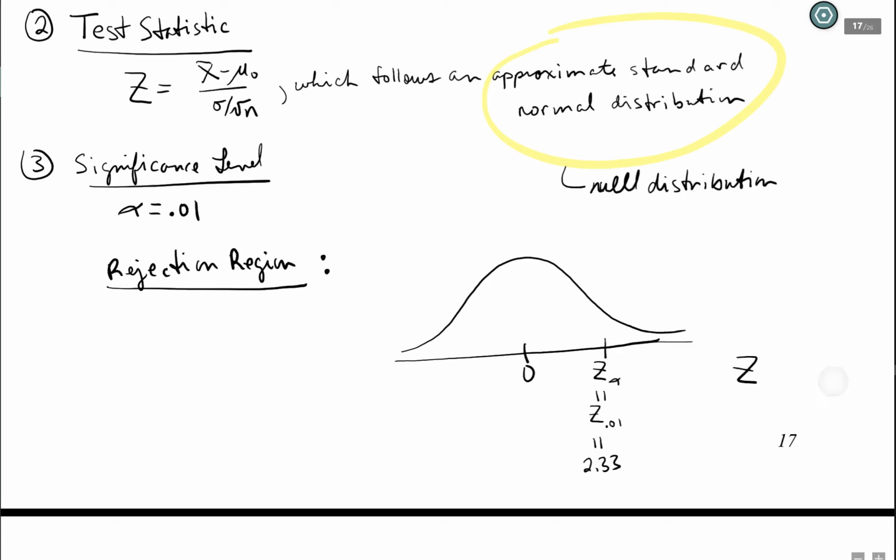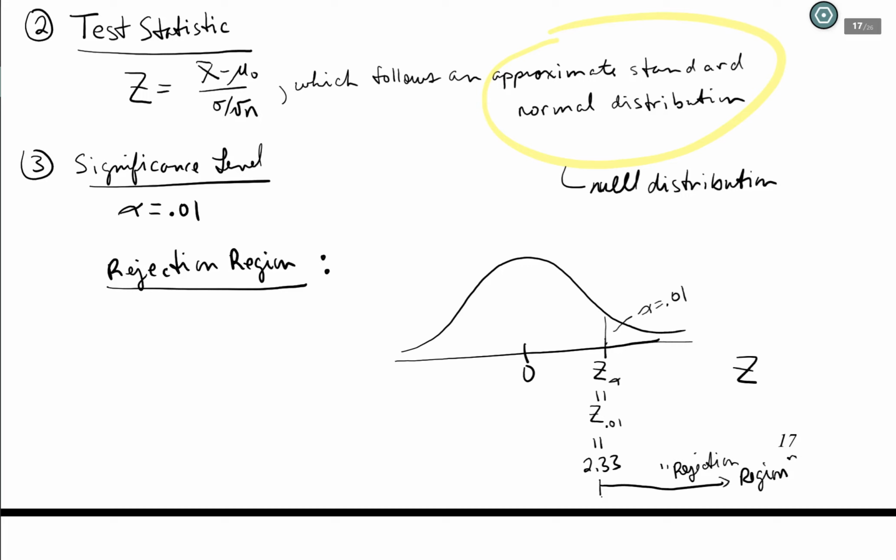Now, this Z sub alpha is the value of Z such that the area under the curve to the right of that value is 0.01. This is the rejection region here, anything to the right of 2.33. And so what this is saying is if I see a test statistic bigger than 2.33, I'm going to reject the null and accept the alternative.